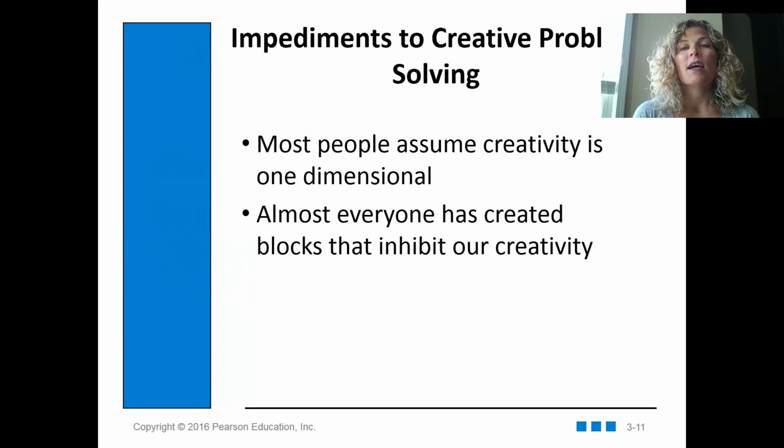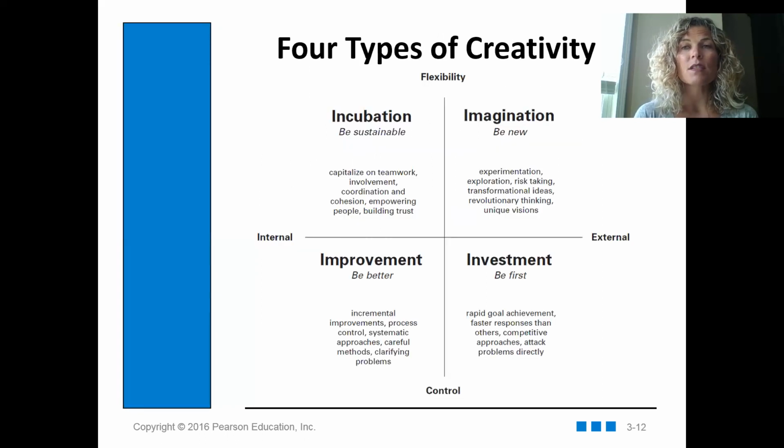The other thing that prevents our creativity is thinking that creativity is one-dimensional, thinking that the only way to be creative is coming up with something brand new, but there are lots of ways to be creative. This slide represents the different types of creativity. It's very common to associate imagination and new ideas with what being creative is all about.